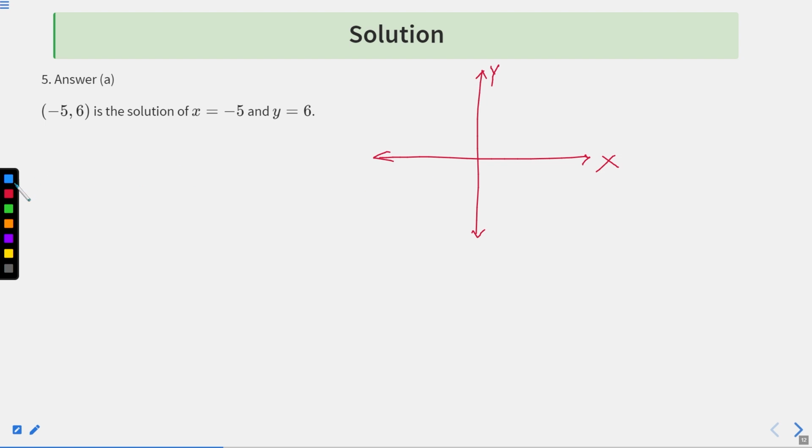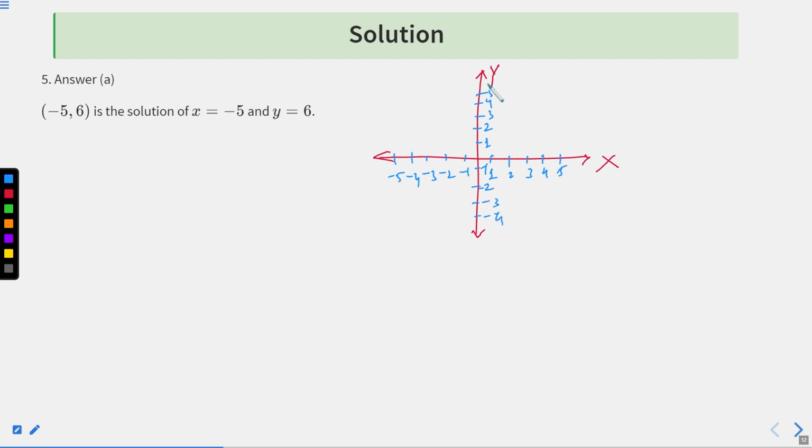Here my minus 1 is here, minus 2 is here, minus 3 is here, minus 4 is here, minus 5 is here. And here 1, here 2, here 3, here 4, here 5, and so on. Here 1, here 2, here 3, here 4, here 5, and so on. And here minus 1, here minus 2, here minus 3, here minus 4, and so on.